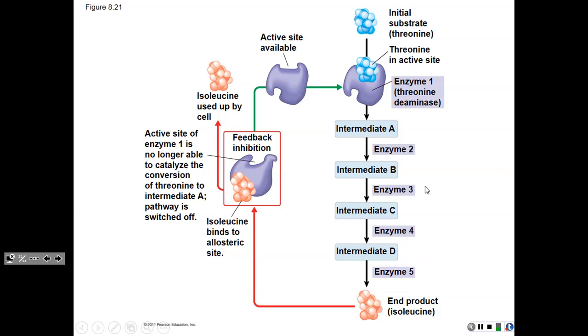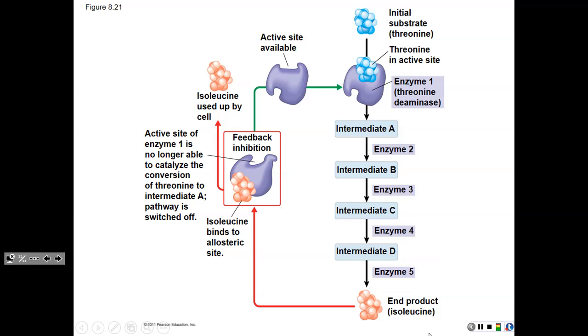And the same for 3 and 4 and 5. We have a set of 5 enzymes, each of which has a very specific, very specialized task, catalyzing a chemical reaction that lets you ultimately convert threonine to isoleucine. Right?